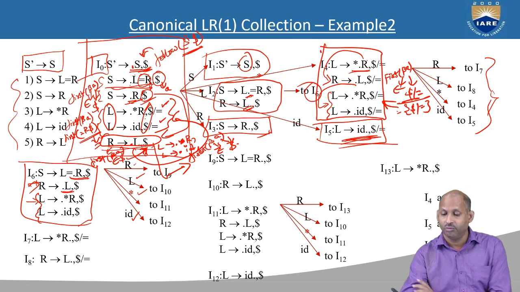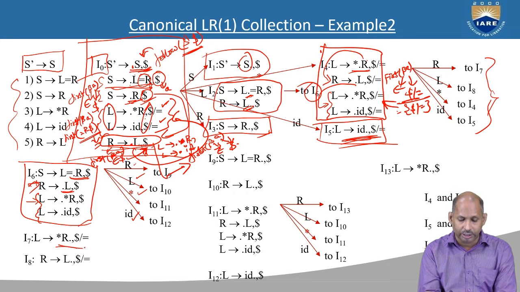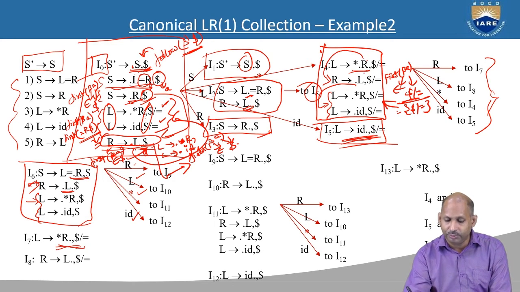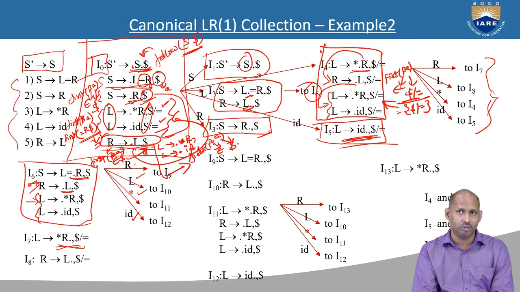Then here, what is I7? Dot R becomes R dot. So from this one, we are writing here. Dot is at the end, so no more addition of closure productions.